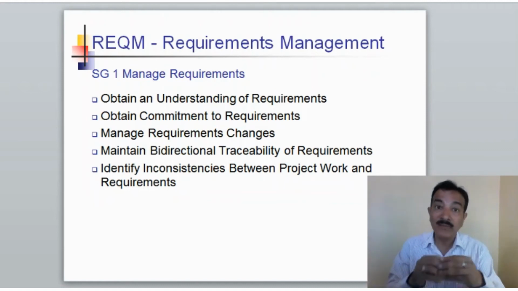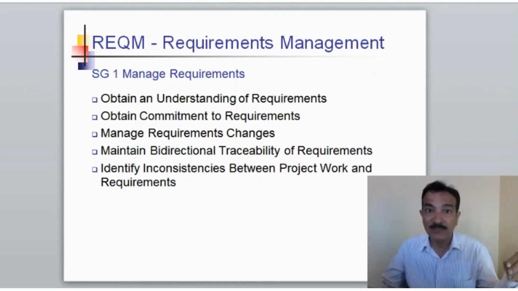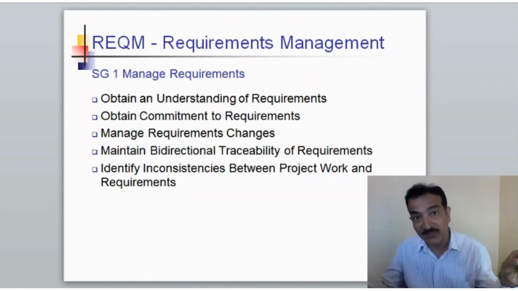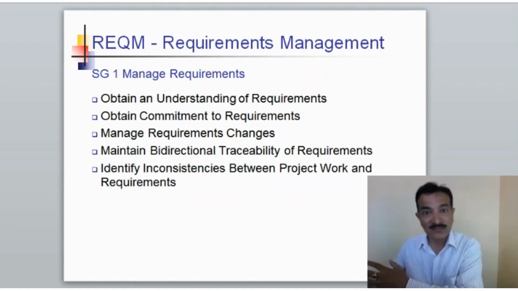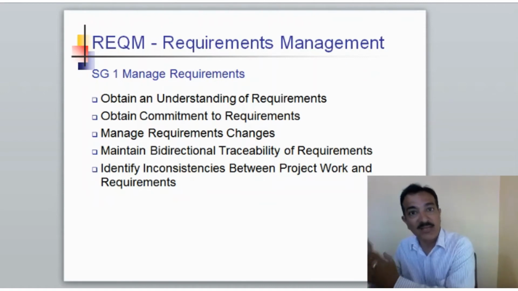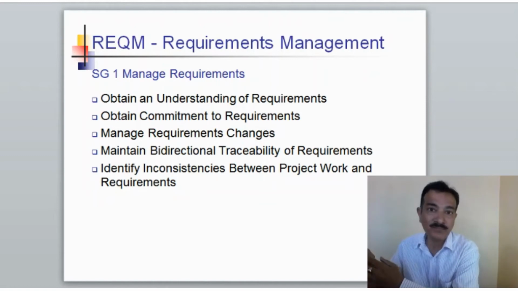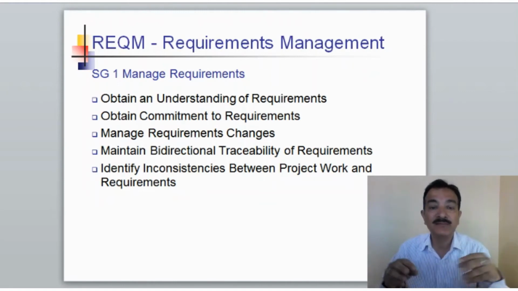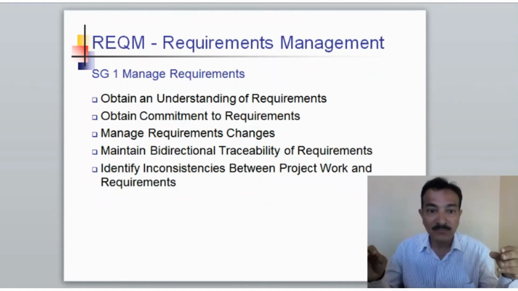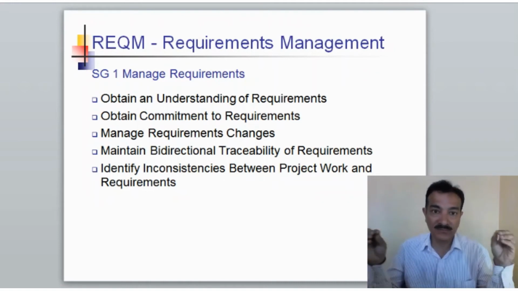So you want to maintain a bidirectional traceability, from the requirement of the customer, which has been listed, to the same in the design document, and the same reflected in the product that you have made, and the same you will be able to demonstrate as an acceptance test plan to the customer. Okay, so maintaining the bidirectional traceability of the requirement is one of the practices of requirement management.